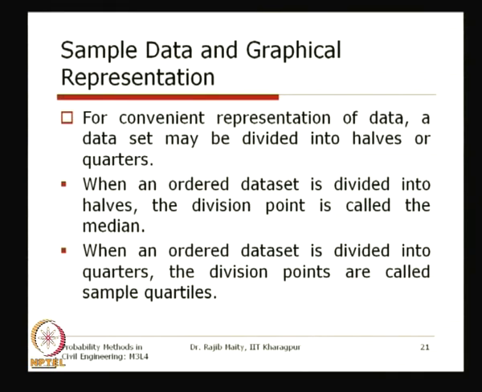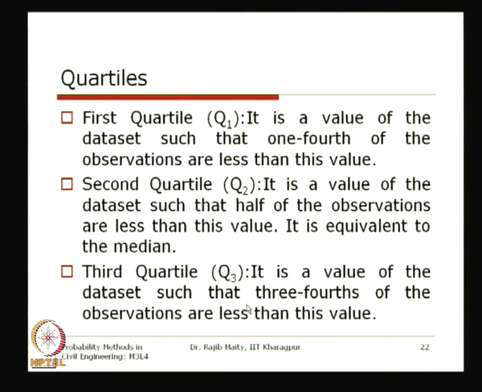And when an ordered data set is divided into quarters, that is 4 different quarters, the division points are called the sample quartiles. These are some terms that we will know in detail. First is the first quartile, represented as Q1.